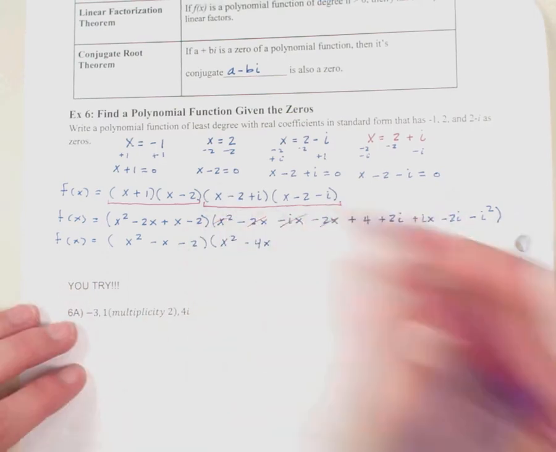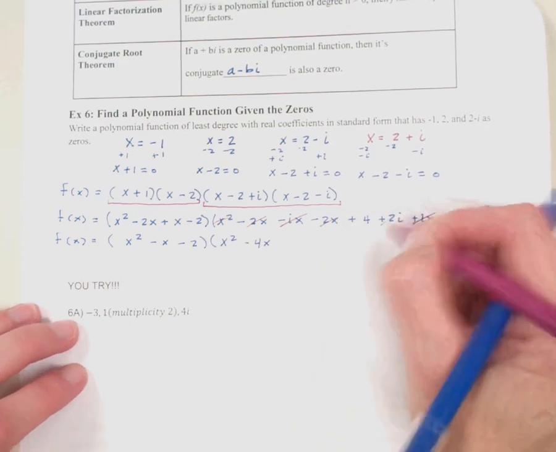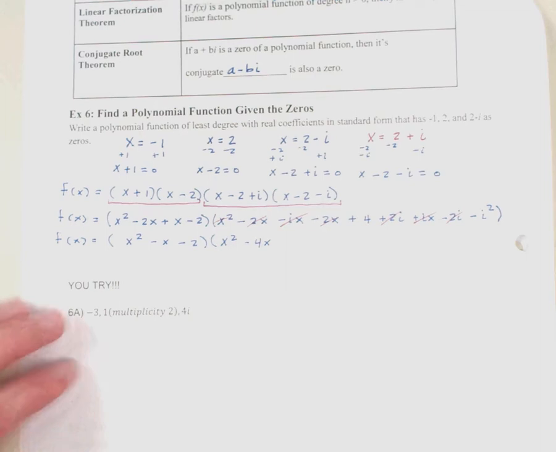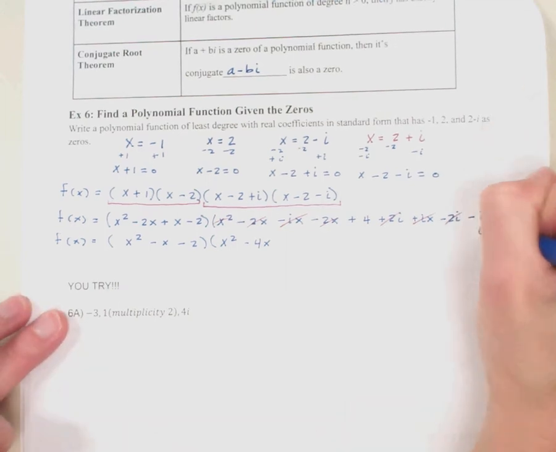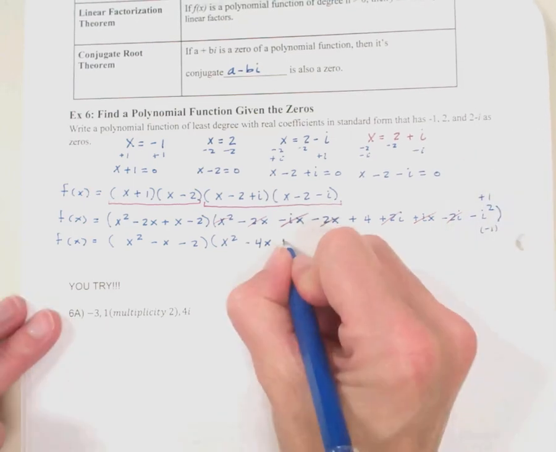Negative ix and positive ix is 0. 2i and negative 2i is also 0. So notice the i's have been eliminated when I multiply the conjugates together. Then I have 4 and negative i squared. Remember, i squared is negative 1. So the opposite of negative 1 is a positive 1. 4 plus 1 is 5.